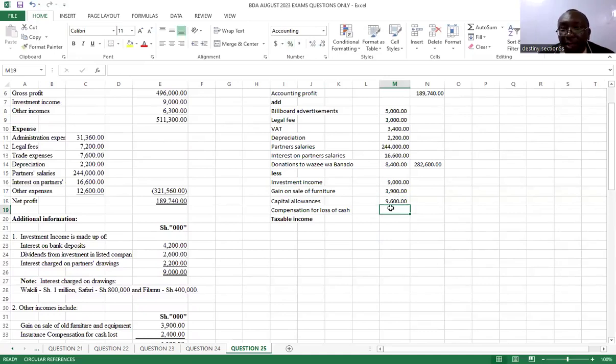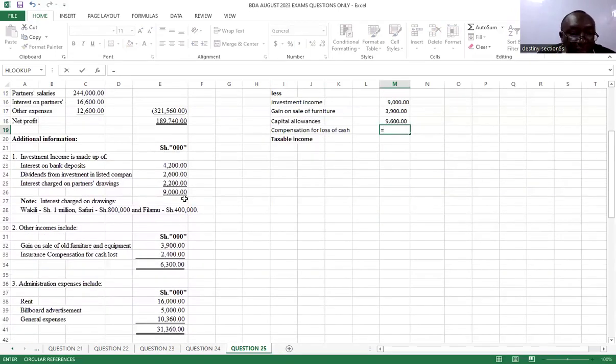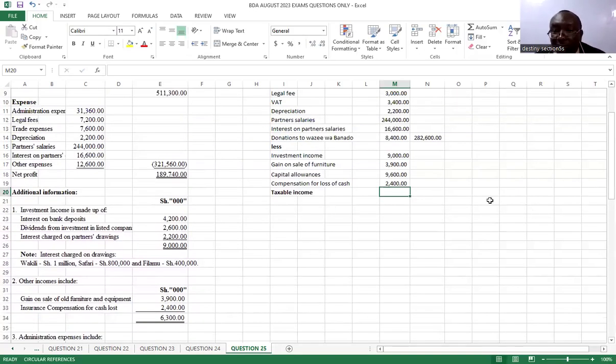Then compensation for the cash that was lost. There is somewhere they were compensated. This one is not part of their normal incomes. So they are not in the business of losing cash and being compensated. So this one is equal to sum.